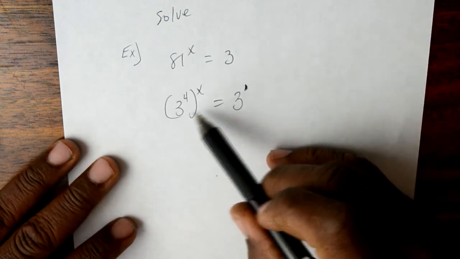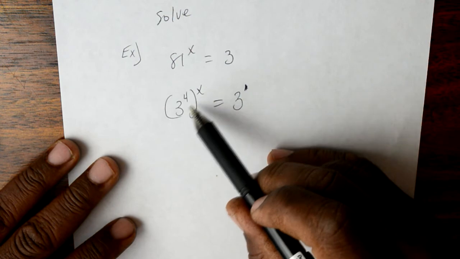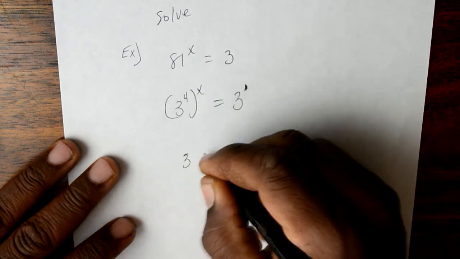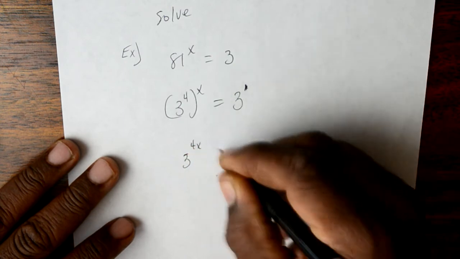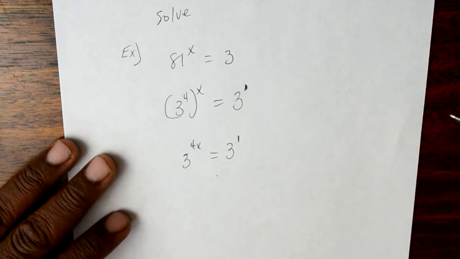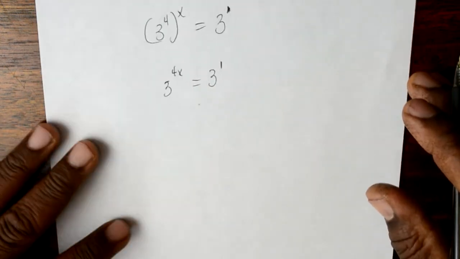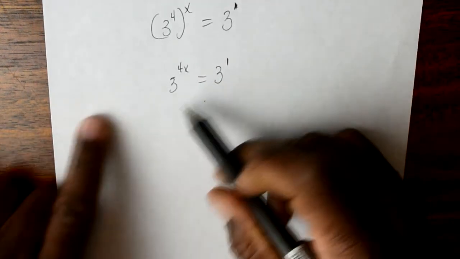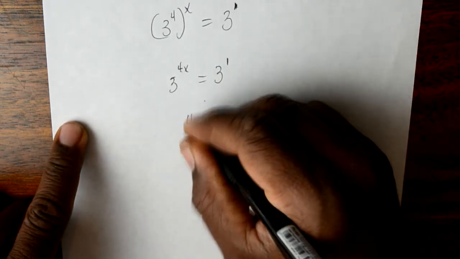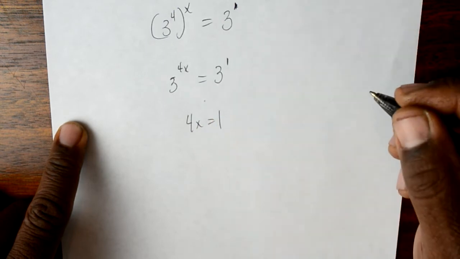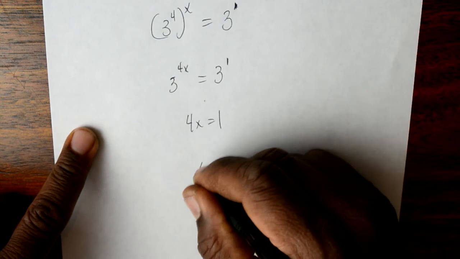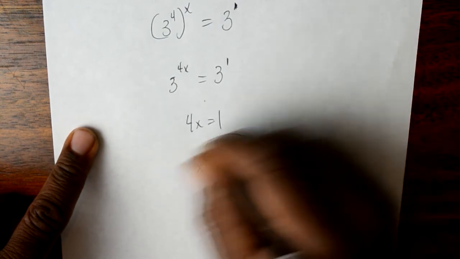From the rules for exponents, when we raise a power to a power, we multiply, so 3 raised to the 4x power is equal to 3 raised to the 1st power. Since my bases are the same, I can drop my base and set my exponents equal. Now I can solve for x. I'll divide both sides by 4, and x is equal to 1/4.